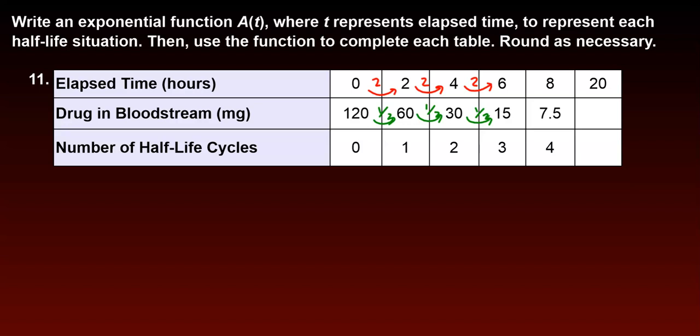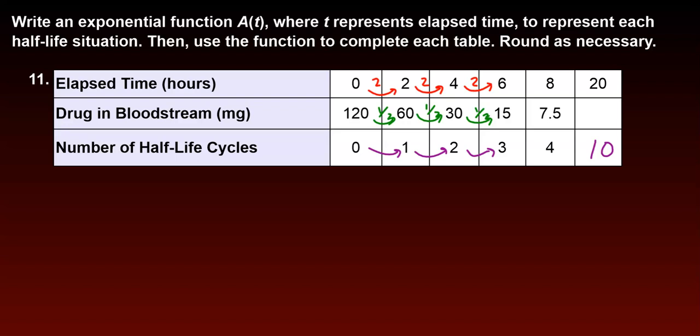And then the last thing is, if you look at the top number, if we take 2 and we divide by 2, because that's what we're increasing by, that determines our cycle number for the half-life. So 6 divided by 2 is 3, 8 divided by 2 is 4, 20 divided by 2 will be 10.